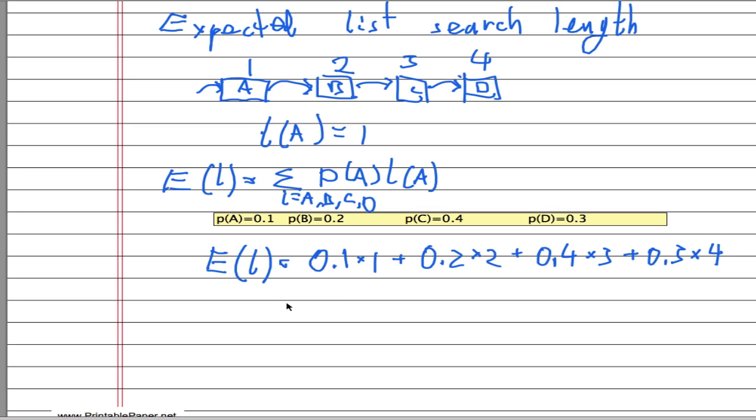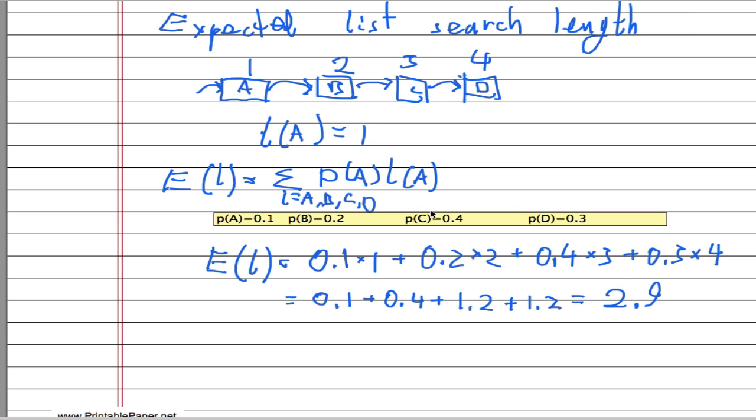Okay, and that is equal to 0.1 plus 0.4 plus 1.2 plus 1.2, which gives you 2.9.